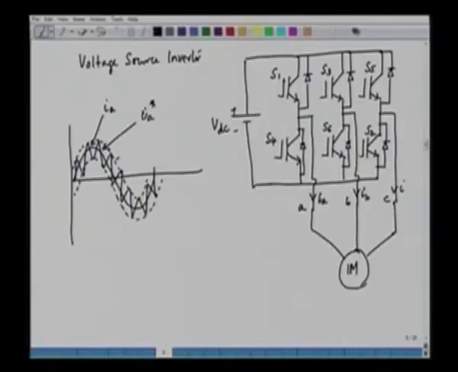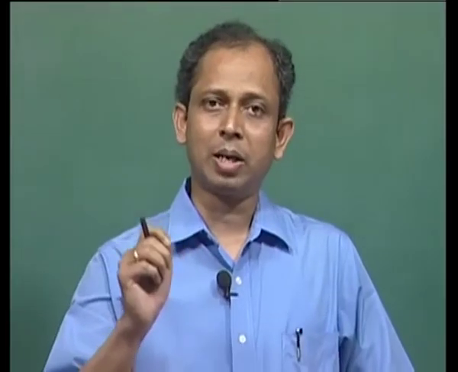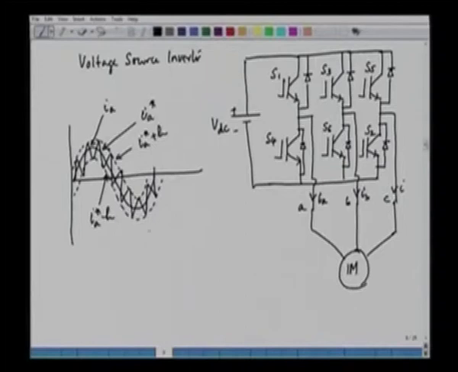We define a band around the reference current. We have an upper band and a lower band. So this is the upper band called IA star plus H. Star means the reference current. Similarly, we have a lower band which is shown as a dotted line. We can call this IA star minus H. So what we are trying to do here is the actual current is made to follow the reference current within an upper band and a lower band, and this is called hysteresis current control.